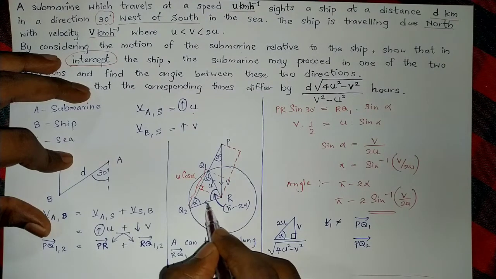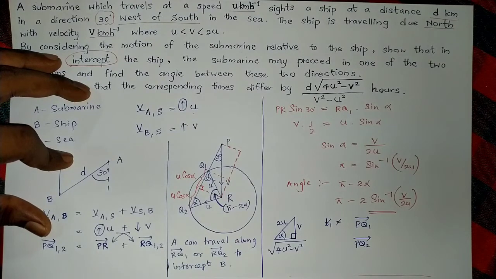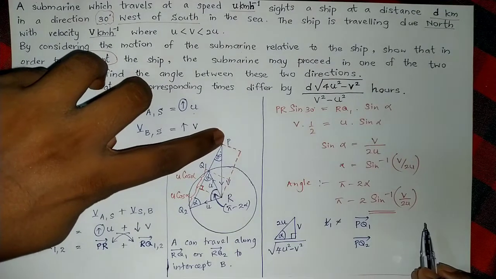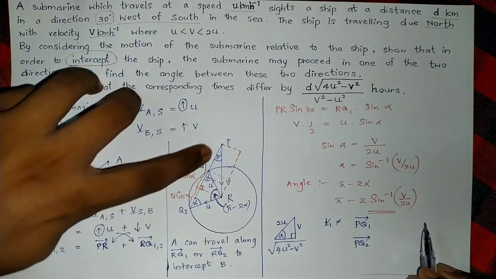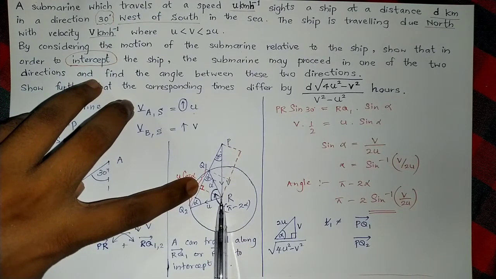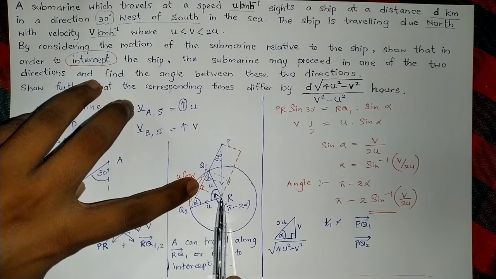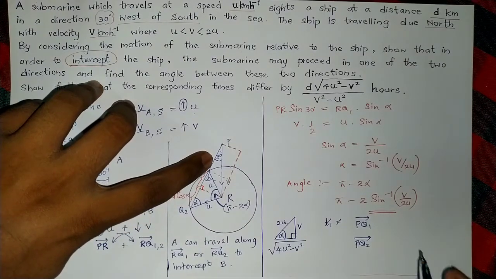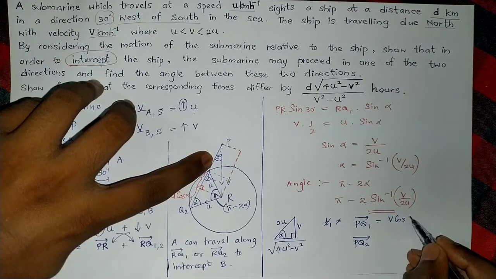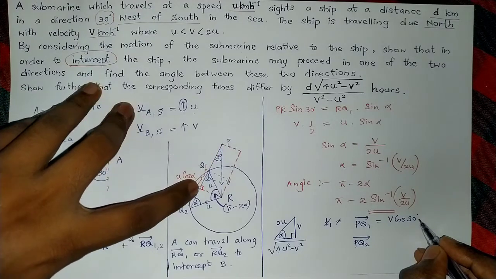Then the PQ1 vector is this entire length. See carefully, this entire length is V, this vector is V. V resolved downwards. What is that? V cos 30. So V cos 30 is this total length.